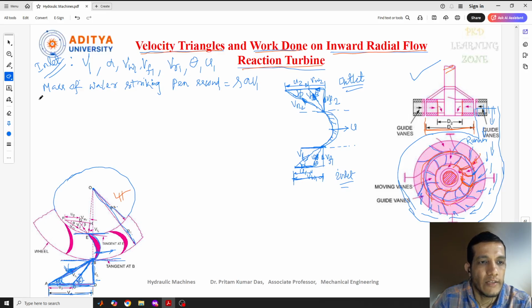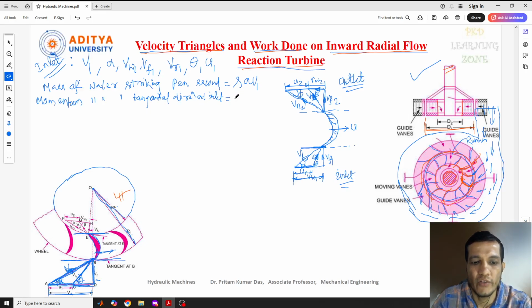Now we'll find out the momentum. The next one is the momentum of water striking the vanes in the tangential direction at inlet condition. What is the momentum? Mass into velocity. As I told you, in the tangential direction, that means we need to consider the velocity in the horizontal direction.